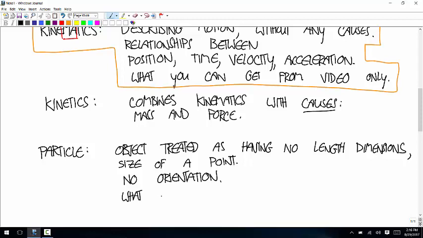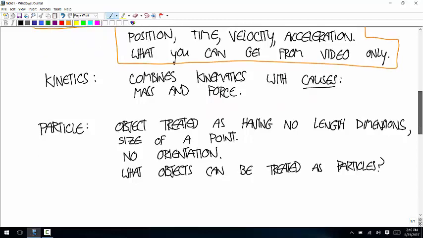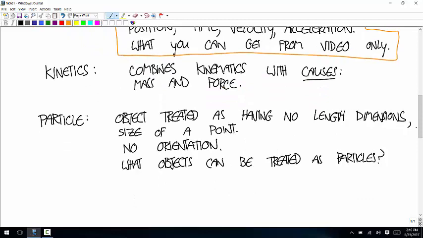So what physical objects can be treated as particles? And the answer is really anything. Anytime you don't care about something's orientation, you only care about tracking its center of mass, you can treat it as a particle no matter how big it is.